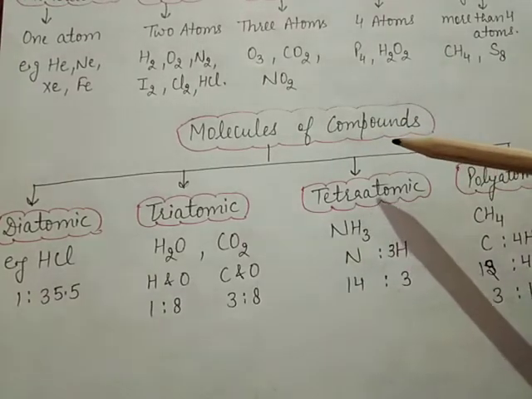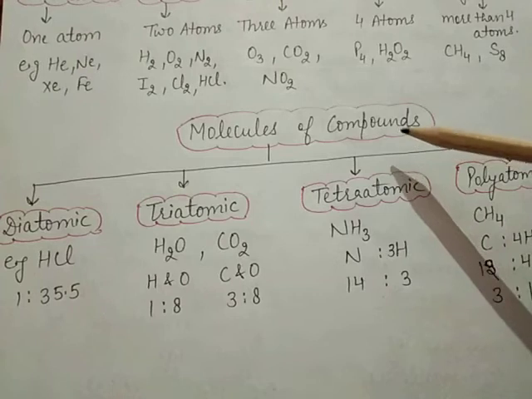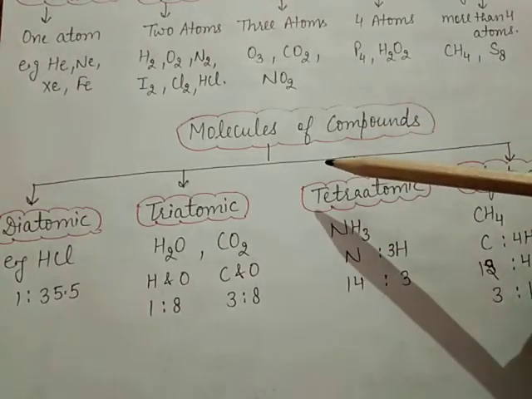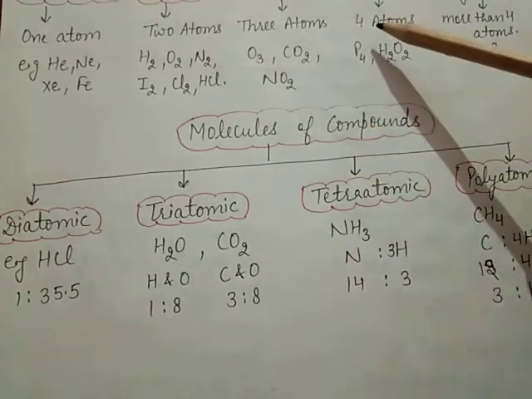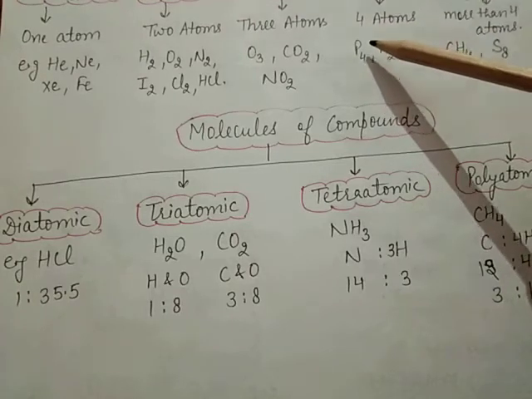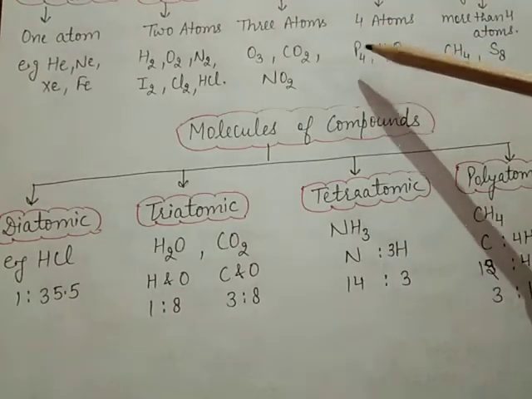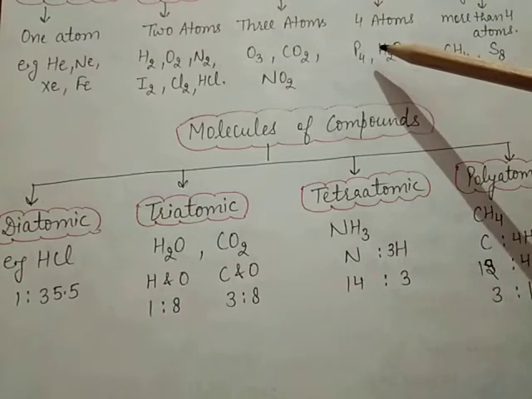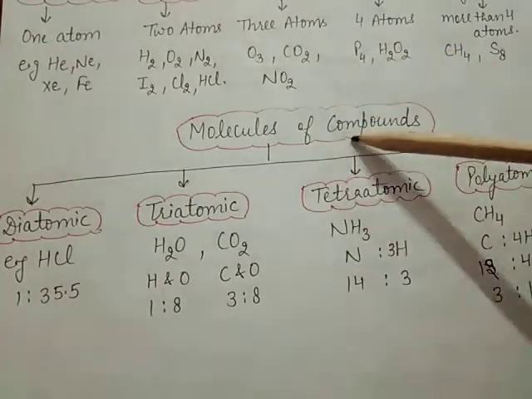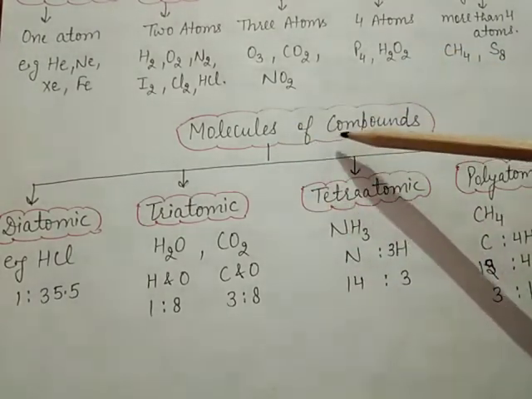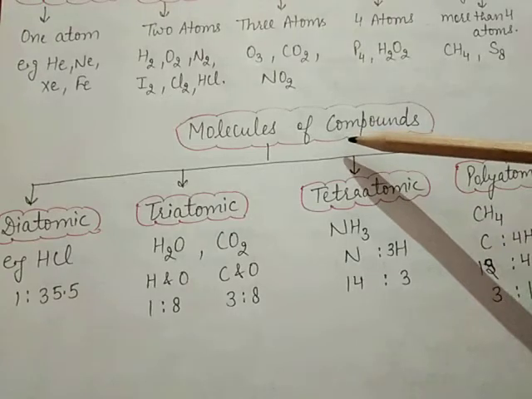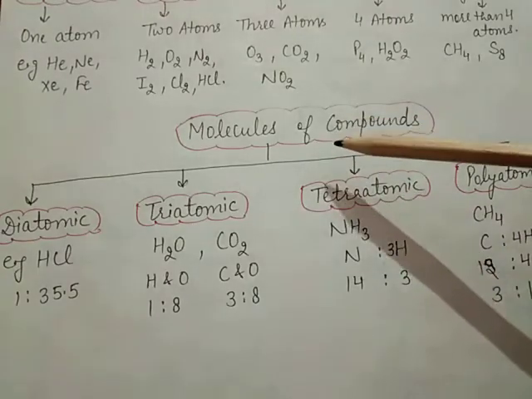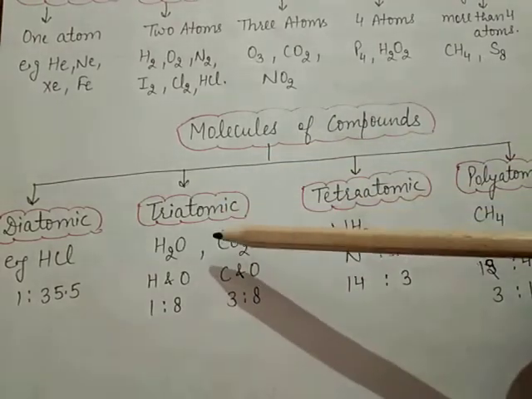Now the next is molecules of compounds. One more important thing is that the molecules of elements are homoatomic in nature, because the atoms present in them are of the same nature. But the molecules of compounds are heteroatomic. Hetero means different atoms present in them.